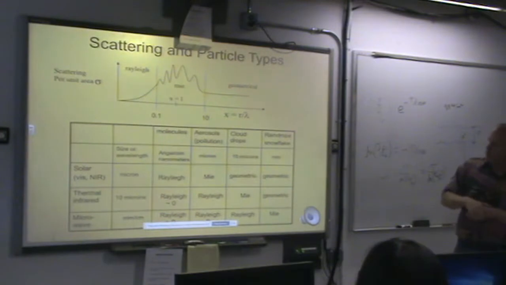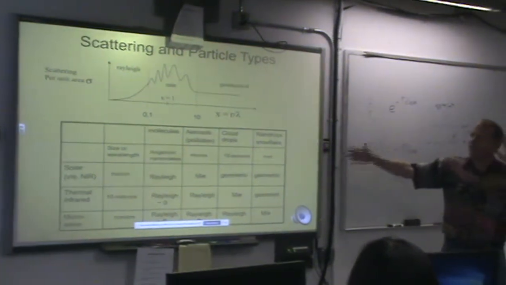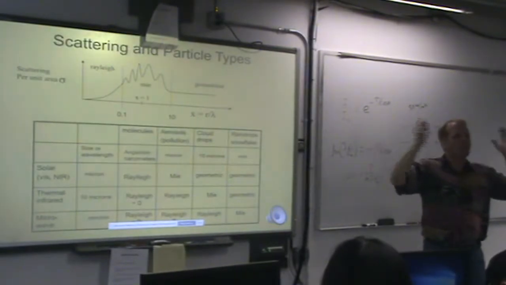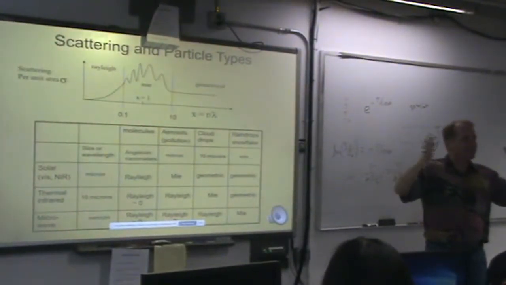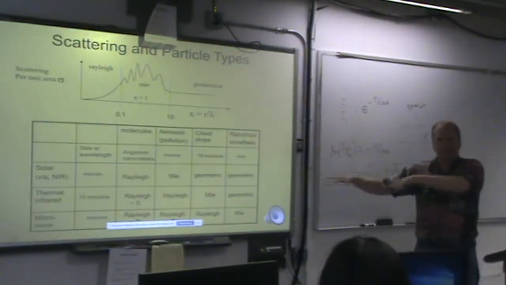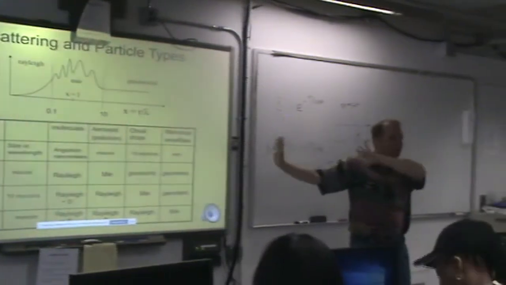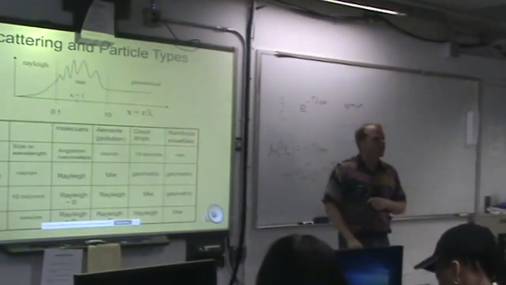But we'll come back. Anyway, the idea here is just to get used to the idea of comparing wavelengths to particle sizes to decide what kind of mathematics you're going to be using. You don't have to learn and memorize this right now, but by the end of the course, you'll have most of this under your skin.